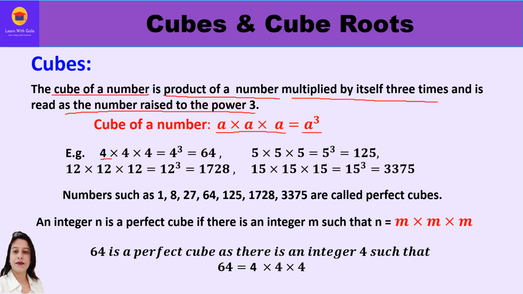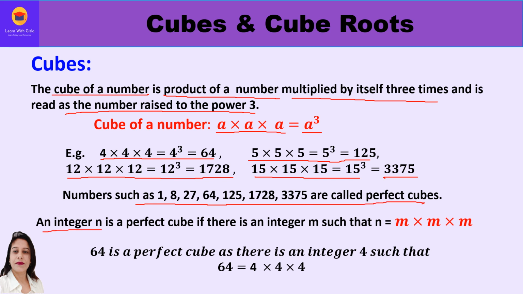For example, 4 into 4 into 4 is 4 cube, which is 64. 5 into 5 into 5 is 5 cube, which is 125. 12 into 12 into 12 is 12 cube, which is 1728. 15 into 15 into 15 is 15 cube, which is 3375. So we can say the numbers such as 1, 8, 27, 64, 125, 1728, 3375 are all perfect cubes.